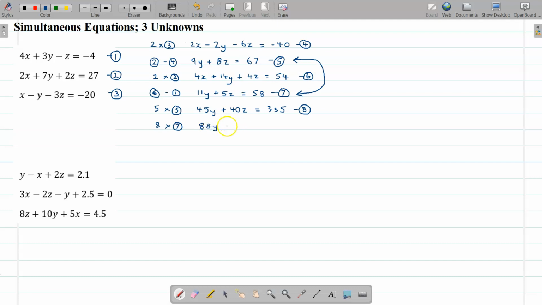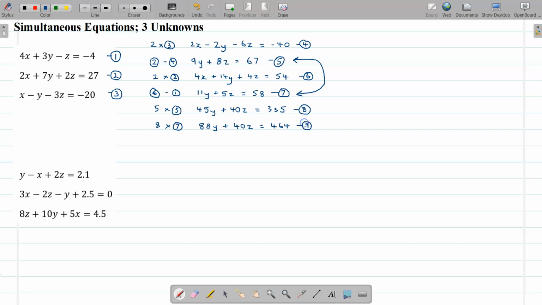It's also going to give me the 40z, which I knew about. That's why I did it. And it's also going to give me 8 times 58, which is going to be 464. And that now becomes equation 9.